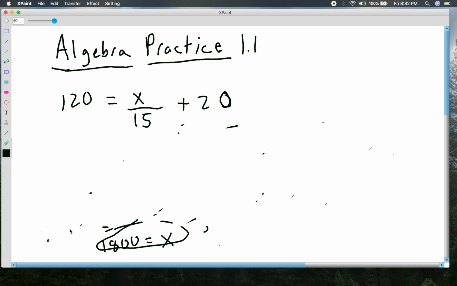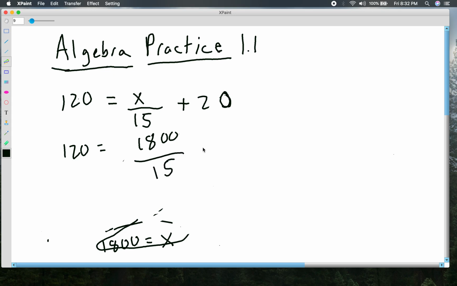Clean this up a little bit more. Clean up my board. All right, so let's plug in 120 equals 1800 divided by 15 plus 20. Well, let's see what happens. 1800 divided by 15, what is that going to give us? Oh, I think I did this wrong, guys.